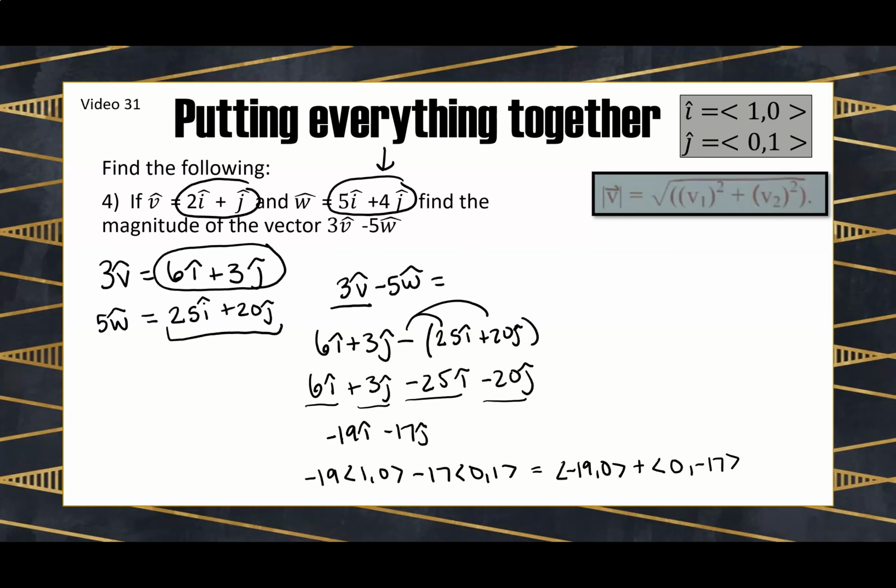Just remember, whenever we have a subtraction or a minus, we can just basically write it as a plus and then a minus for both of them. Okay, now I'm going to add both of these up. So a negative 19 and a 0 is going to give me a negative 19. And then a 0 and a minus 17, adding those, I get a negative 17.